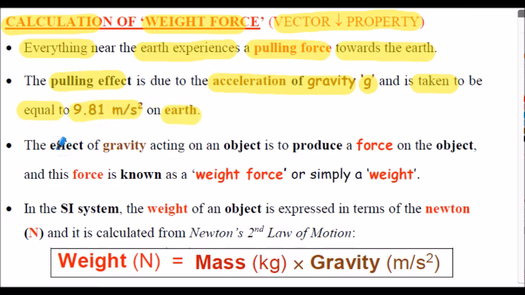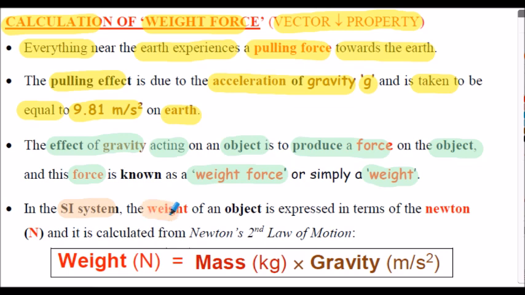The effect of gravity acting on an object produces a force on the object, and this force is known as a weight force or simply a weight. In the SI system, weight of an object is expressed in terms of the Newton, symbol capital N.